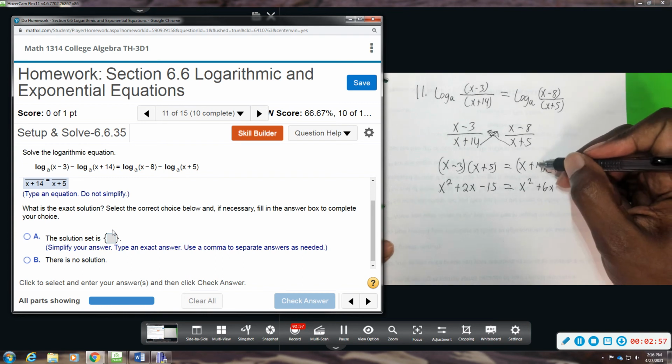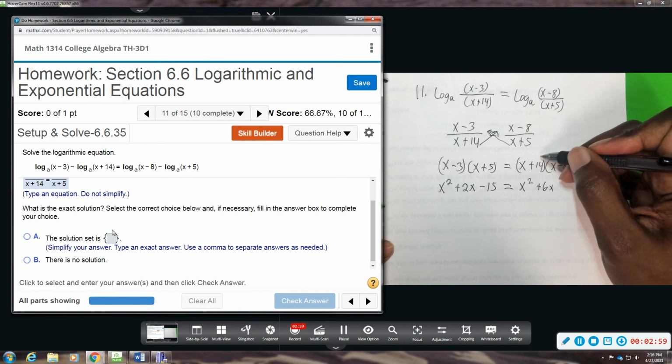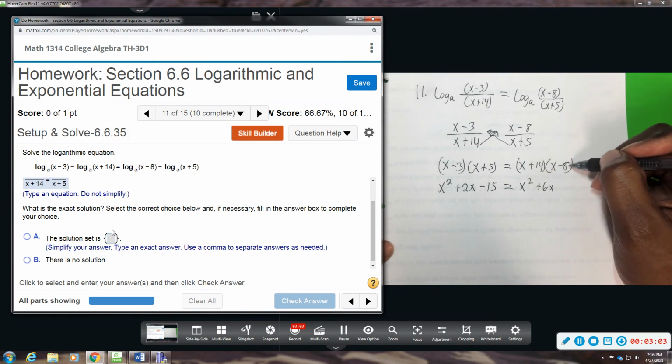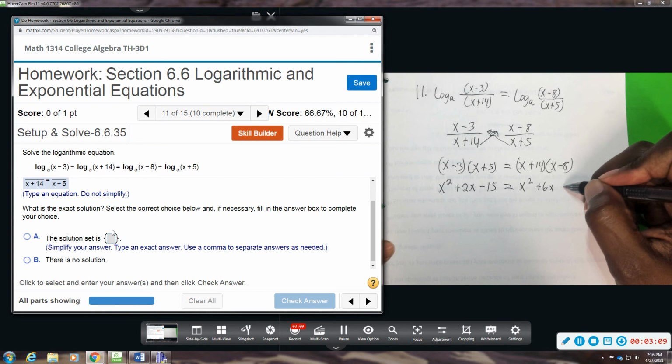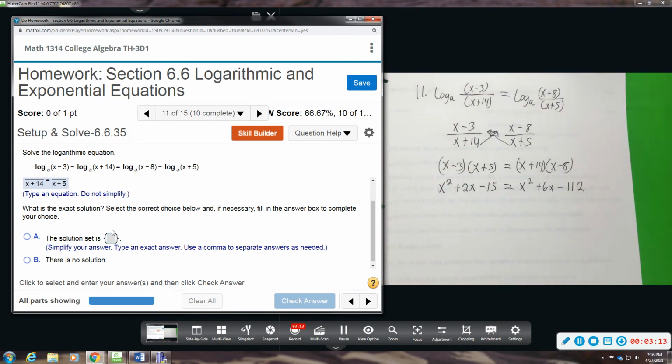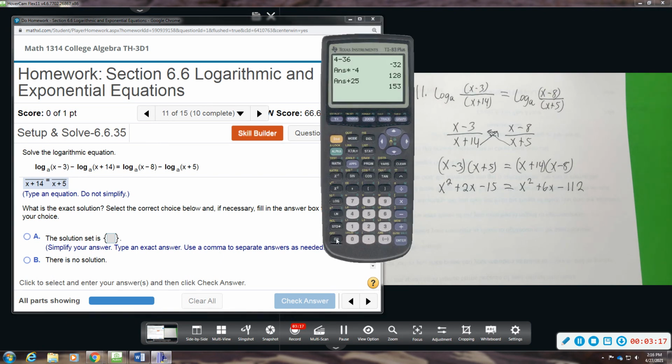So I'm doing 10 times 8 and 4 times 8. 10 times 8 will give us 80, and then 4 times 8 will give us 32. So 80 and 32 will give us 112, but it'll be negative. So negative 112. Let's verify just to make sure. 14 times 8, 112. Okay, looks good.